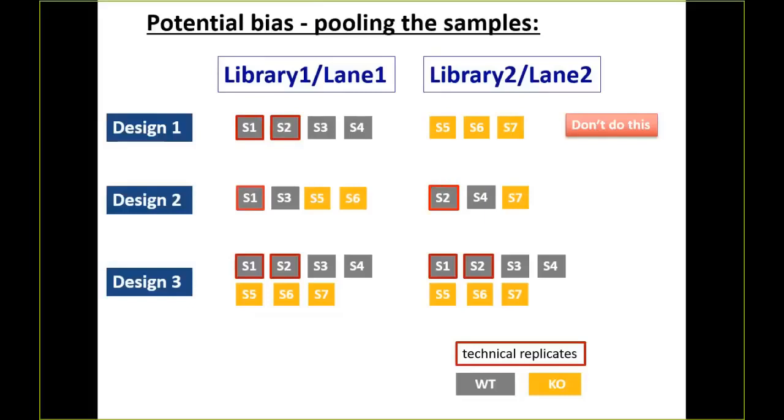Okay. Design number 3 is fairly complicated. You have everything on every lane. This is more work, although this is actually the one that is considered the optimal now. In fact, if you do sequencing with a core, a lot of times they'll multiplex every sample onto every lane. There are a couple of good reasons for doing this.